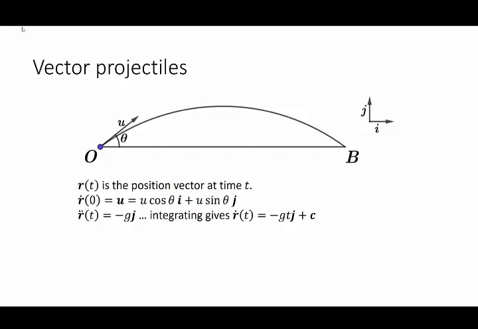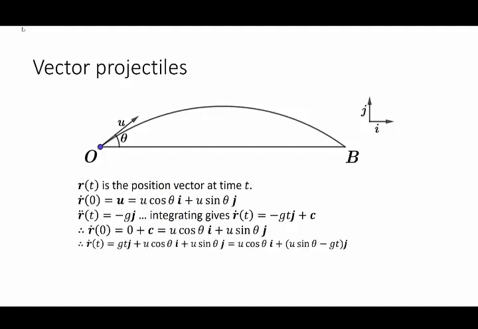So if we look at the acceleration as being expressed as negative gj, I can integrate that as a vector, so this is like doing both bits of the y and the x at the same time, and it gives me this new vector plus c, and then when I find what c is and substitute it in, I find that c is this particular vector, which means I can then rewrite as a new whole vector.